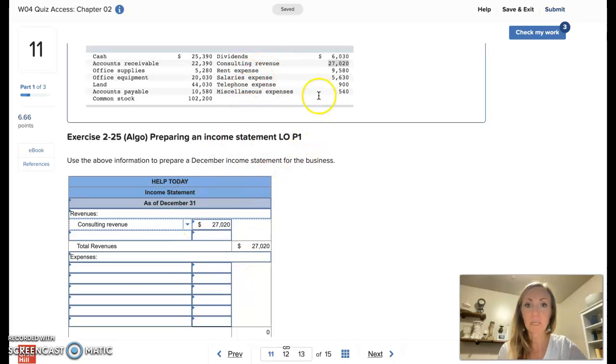There's the rent expense, the salaries expense, the telephone expense, and the miscellaneous expense.